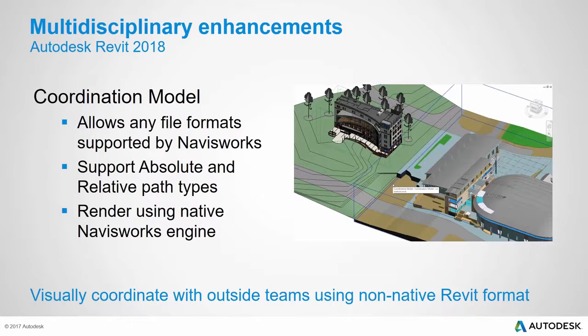And when that happens, you can't link those models and get a lot of intelligence out of them. There was the IFC transfer stuff from previous releases, and that was great, but that didn't really get us everything we wanted. Now what you can do is take a coordination model directly from Navisworks, so somebody can create an NWC file, kick that out, and then you can link those NWC files back into Revit.